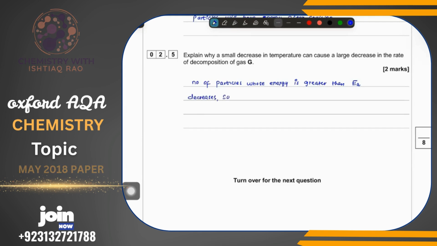So there will be fewer collisions per unit time. That's why the rate of reaction will decrease.